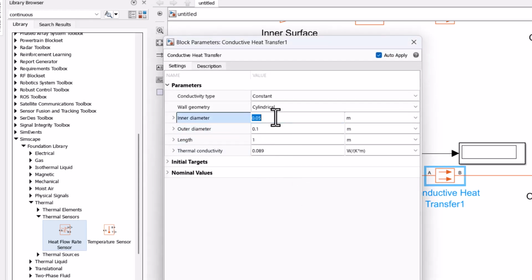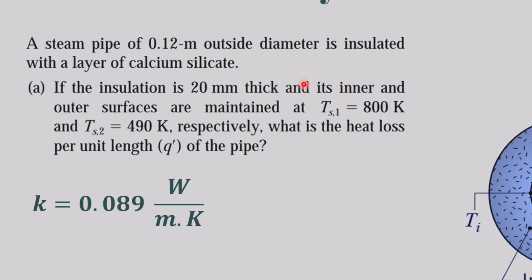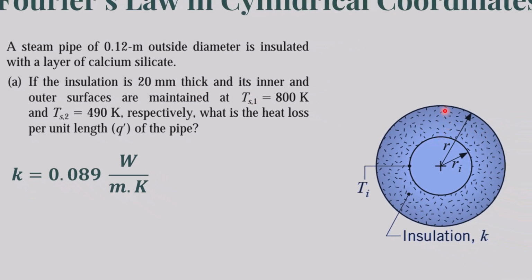The inner diameter was 0.12 meters and the outer diameter was 0.16. So I know that the thickness is 20 millimeters. So in order to go from the inner diameter to outer diameter, I have to add 2 times the thickness. One is here and the other one is here.